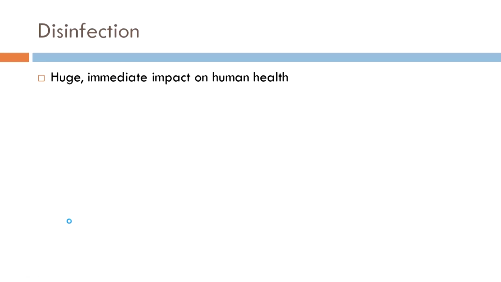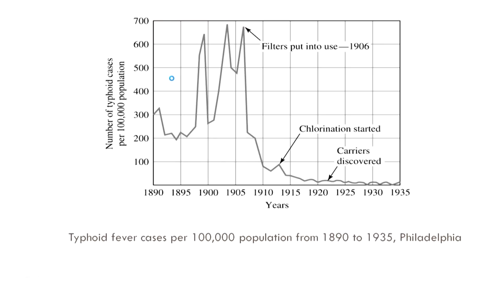And disinfection, as we discussed earlier, has a huge and immediate impact. I believe we already looked at this. So, what is the graphic here? I believe this is from the US, Philadelphia. Typhoid cases per 1 lakh population, 1890 to 1935. As you see, the number of typhoid cases goes up and down with the years.